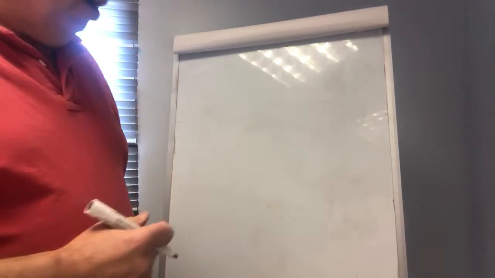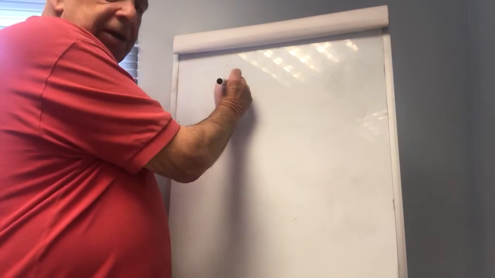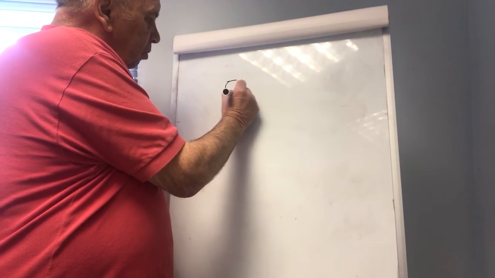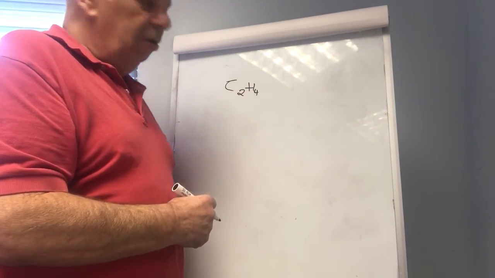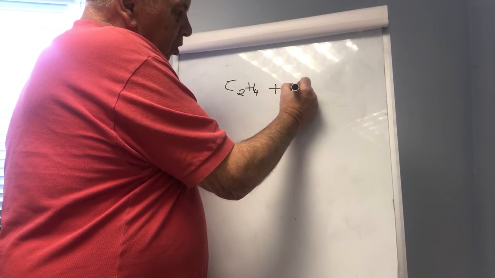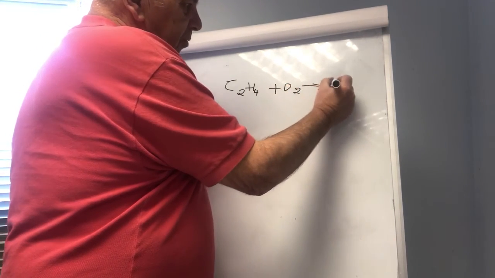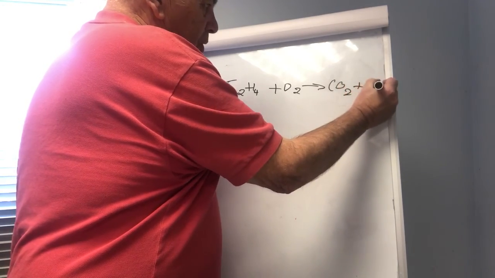Let's take the case of ethene burning with oxygen. We know it forms carbon dioxide and water.